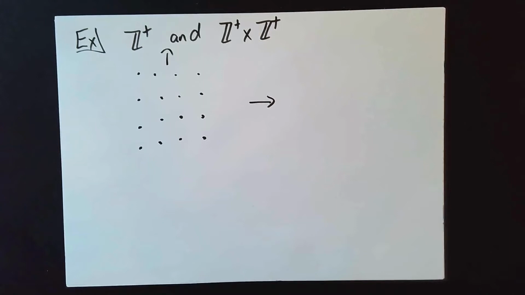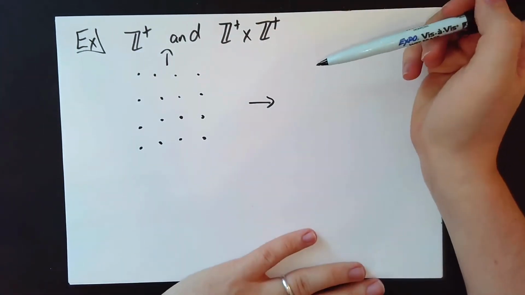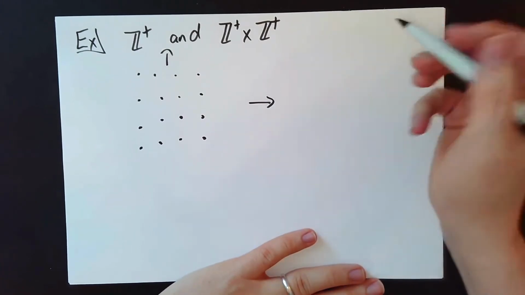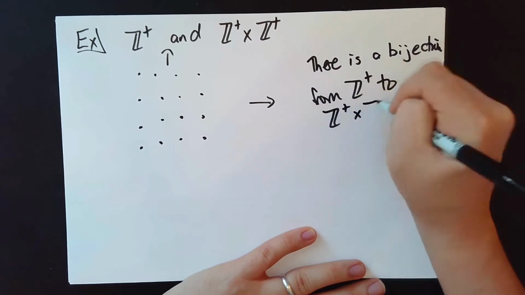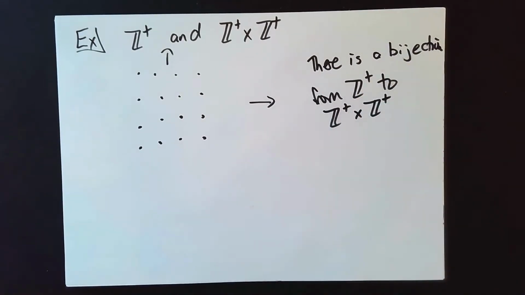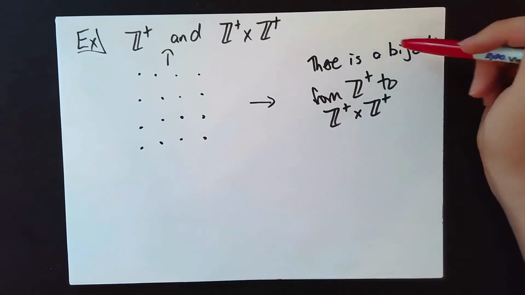So remember what Z plus cross Z plus is. It's this sort of endless sea of dots that extends infinitely up and to the right. And what I'd like to do is convince you that there is a bijection from Z plus to Z plus cross Z plus. Now, before we noted that there's a lot of obvious things that are not going to work.